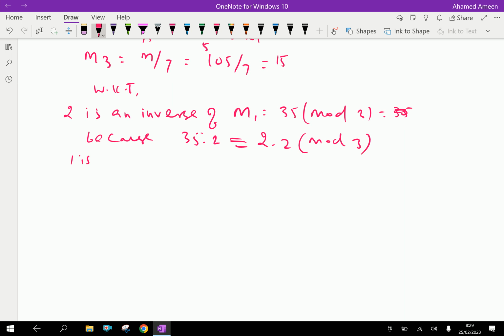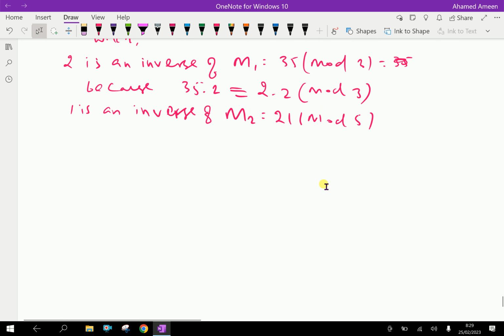Then 1 is an inverse of M2, which is 21 mod 5, because 21 is congruent to 1 mod 5, which means 21 divided by 5 leaves remainder 1.